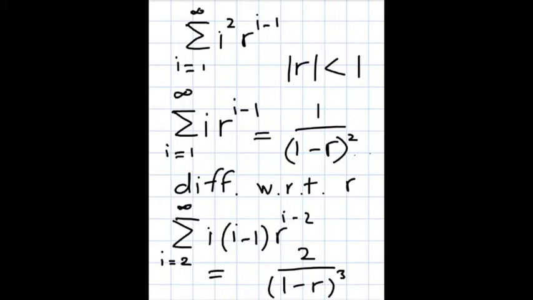The limits are from 2 to infinity because if we put i equal to 1 in the term i minus 1, it makes the whole term equal to 0. So we can just say our sum starts from 2 to infinity.